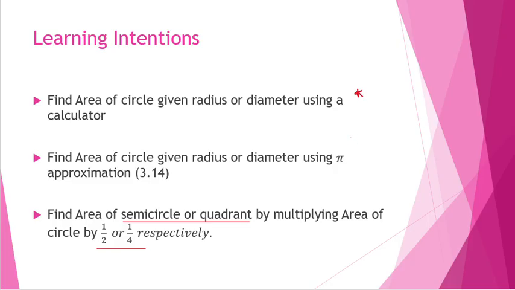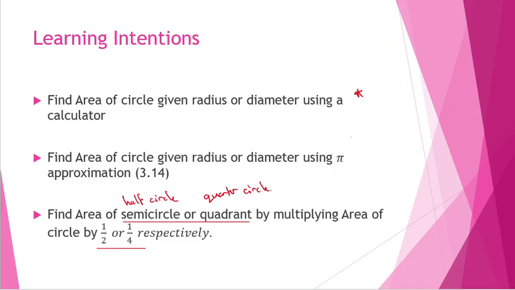Not really prominent because this test is calculator, but I do want to show you how to figure it out by hand regardless. And finding the area of semicircles or quadrants. Another way of saying semicircle is a half circle, and another way of saying quadrant is a quarter circle.